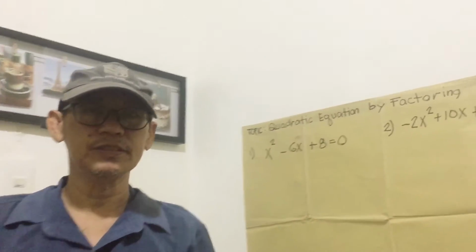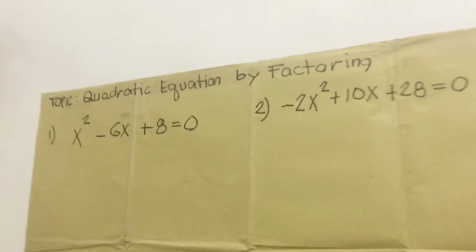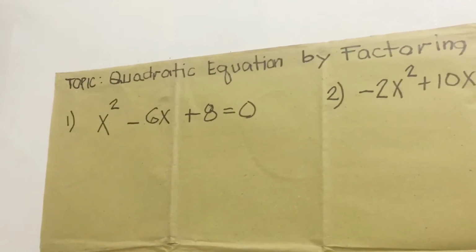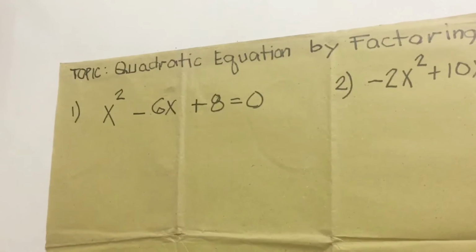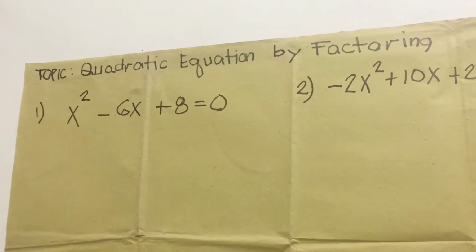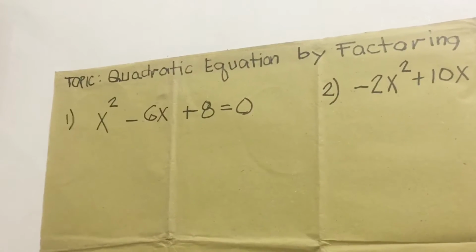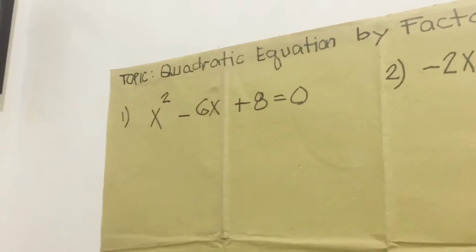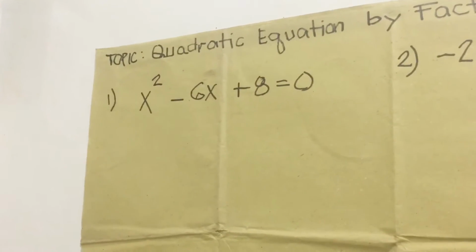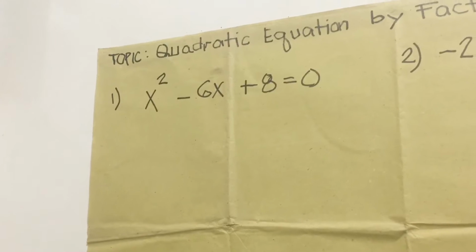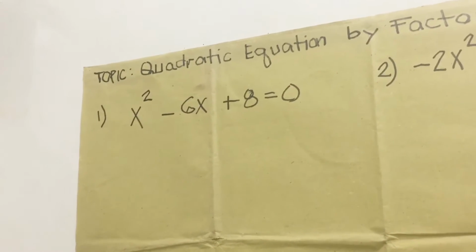Welcome to my channel. Today our topic is about quadratic equation by factoring. To find the solution of a quadratic equation, we have three methods: by factoring, by completing the square, and by using the quadratic formula. It depends upon the given quadratic equation which of the three is applicable.